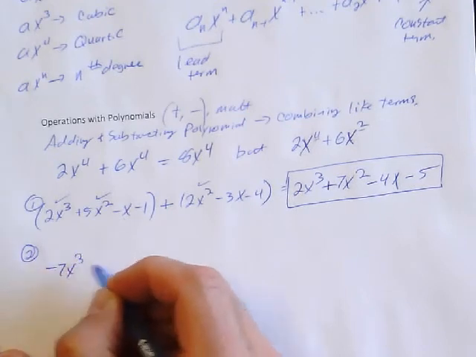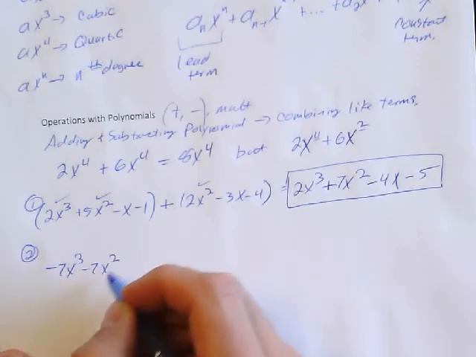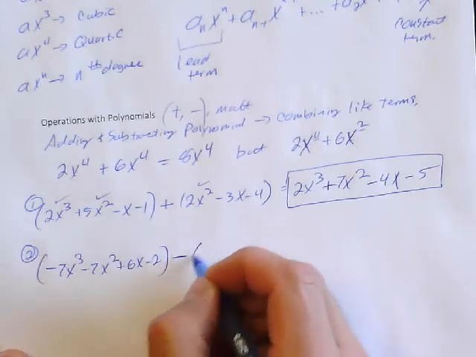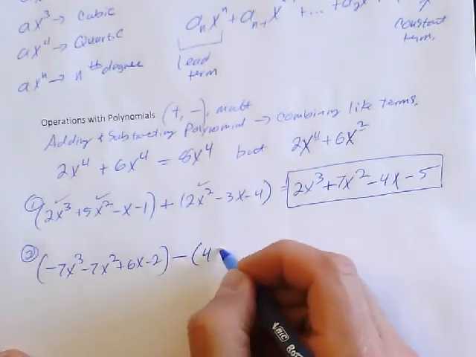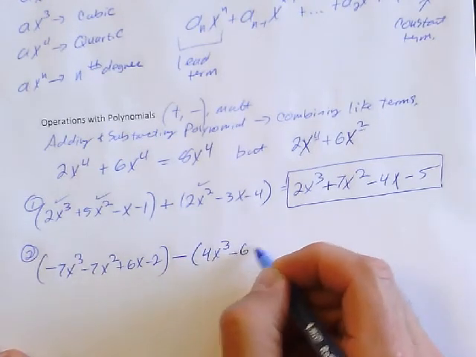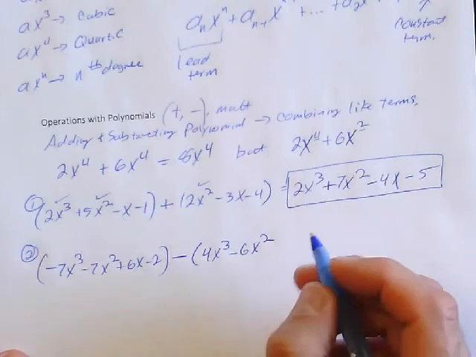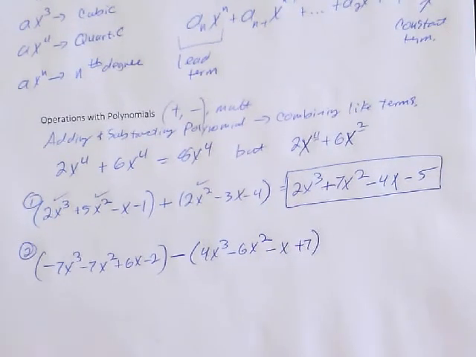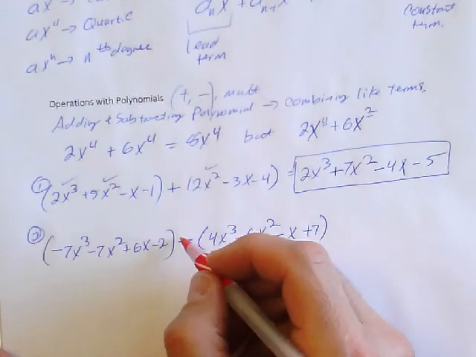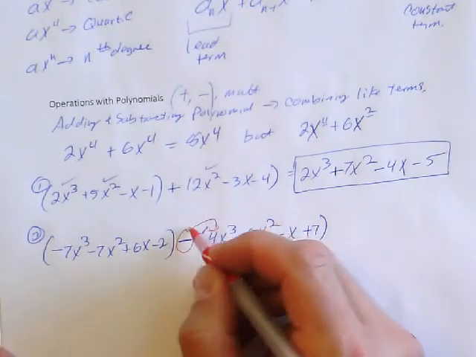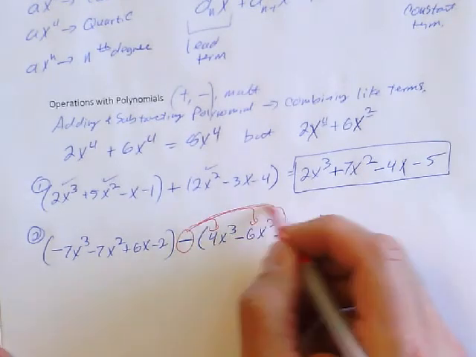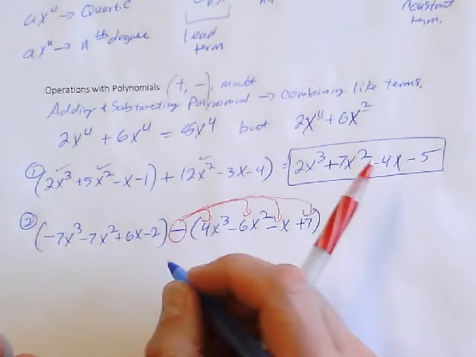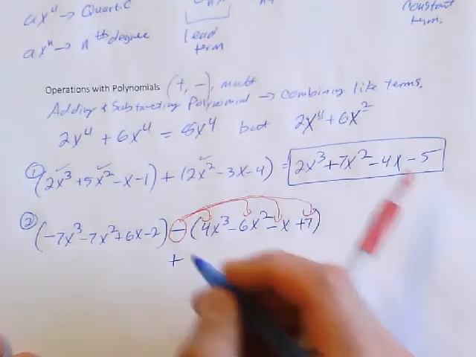And then if you're subtracting, negative 7x cubed minus 7x squared plus 6x minus 2 minus 4x cubed minus 6x squared minus x plus 7. So if we're subtracting, what we're going to do here is take this negative sign and distribute it to everybody that comes after.